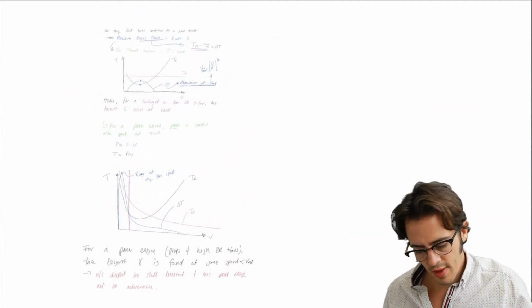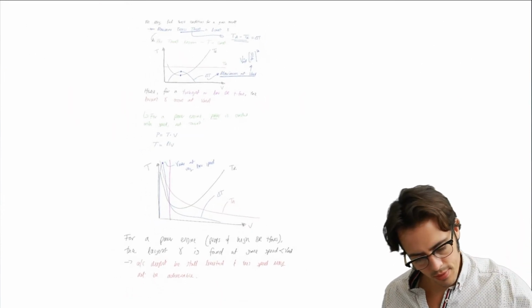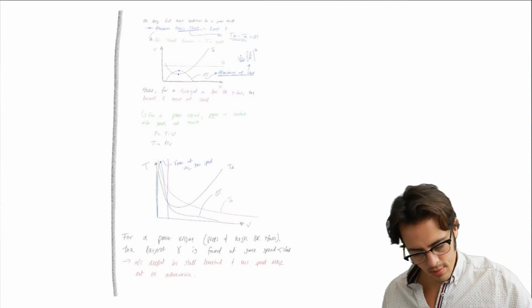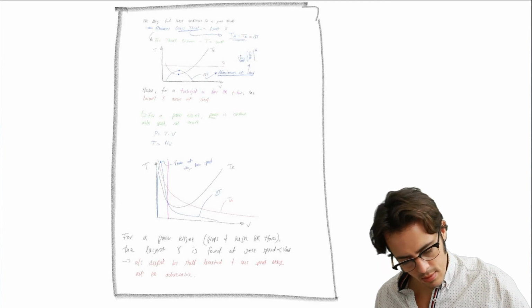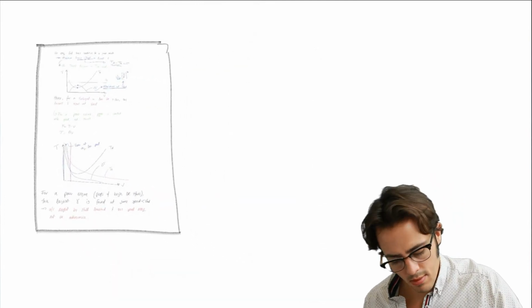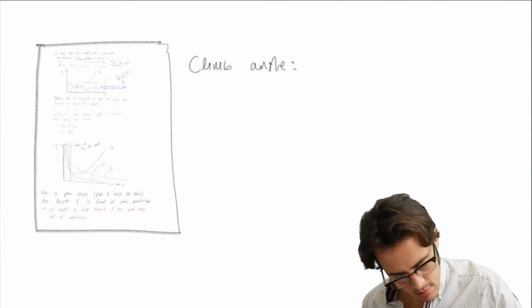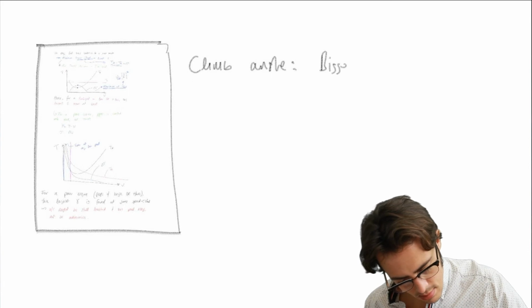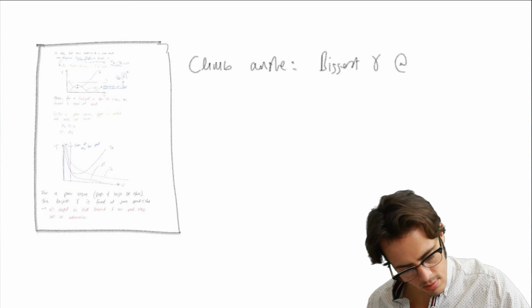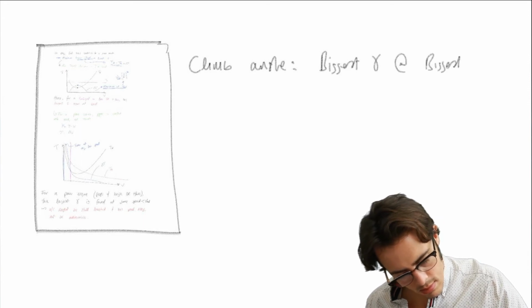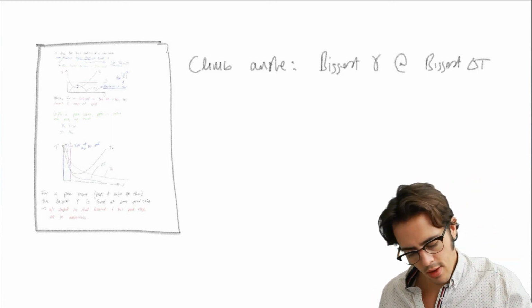Okay, so we've just done these two to look at the climb angle. So the largest climb angle is found at the largest thrust difference.